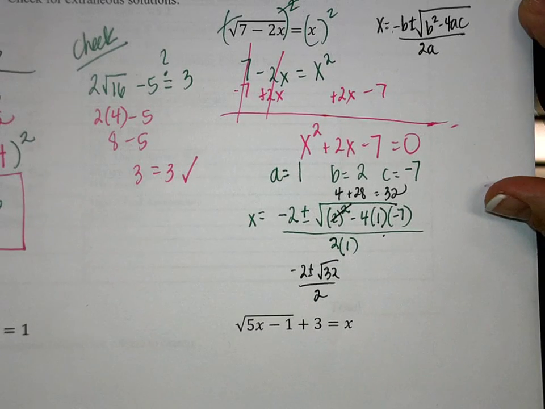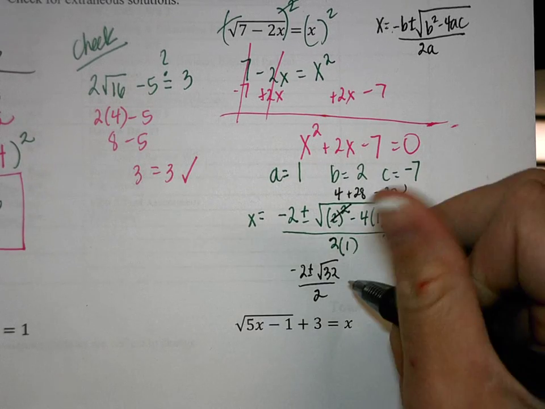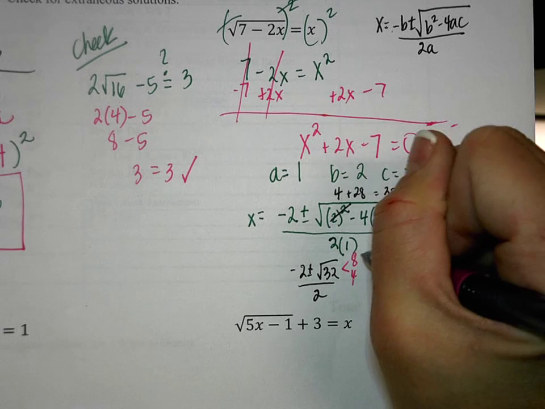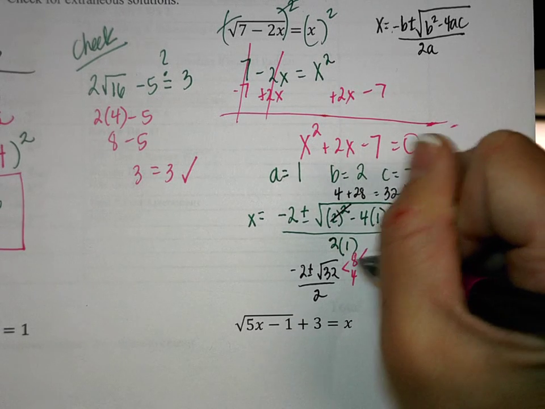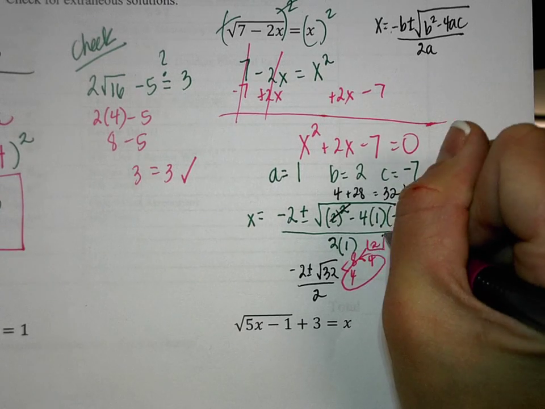Can 32 break down? What does 32 break down to be? Okay, 8 and 4. And then I'm going to do 8 as 4 and 2, because then I have a pair of 4s with just a 2 left over.